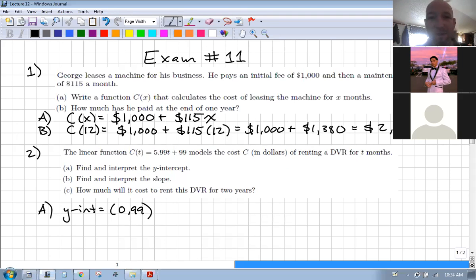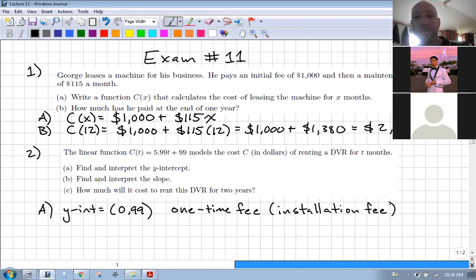So that's what you pay at 0 months. So that's like a one-time fee, right? It could be like installation, maybe. Whatever fee it is. It might be the shipping and installation. Who knows? But it's just a one-time fee.